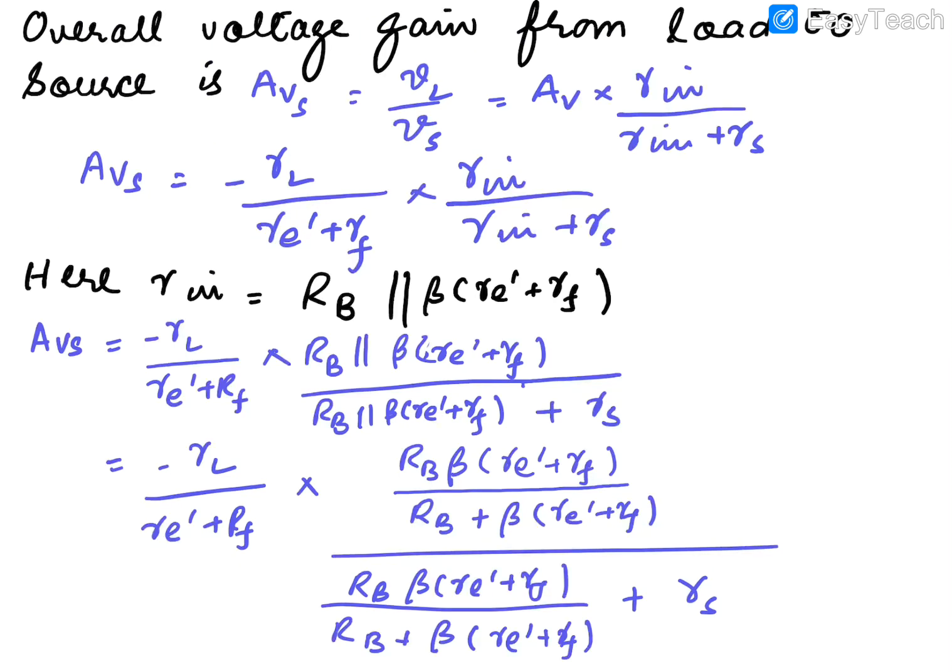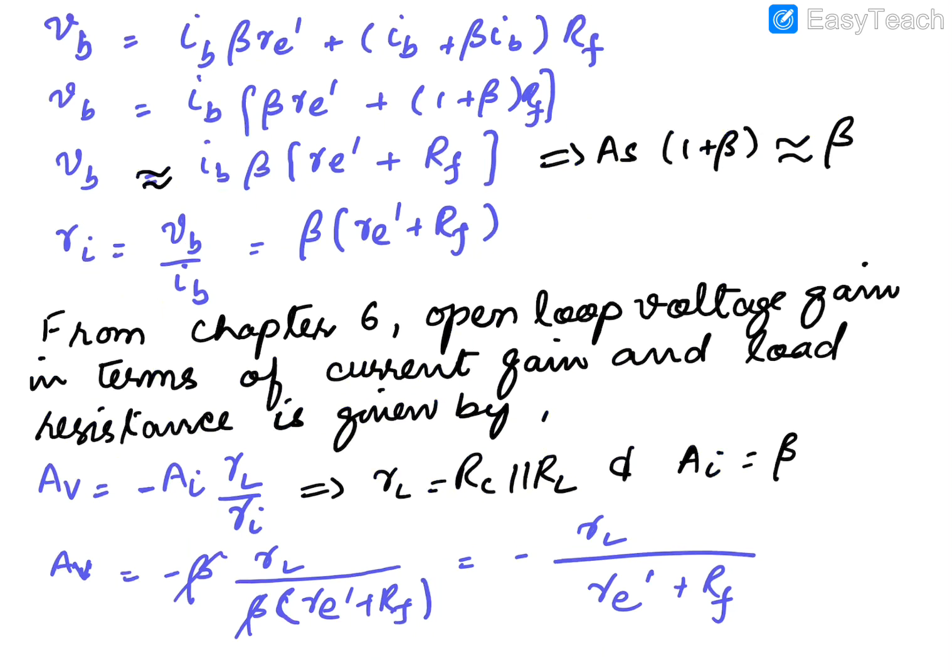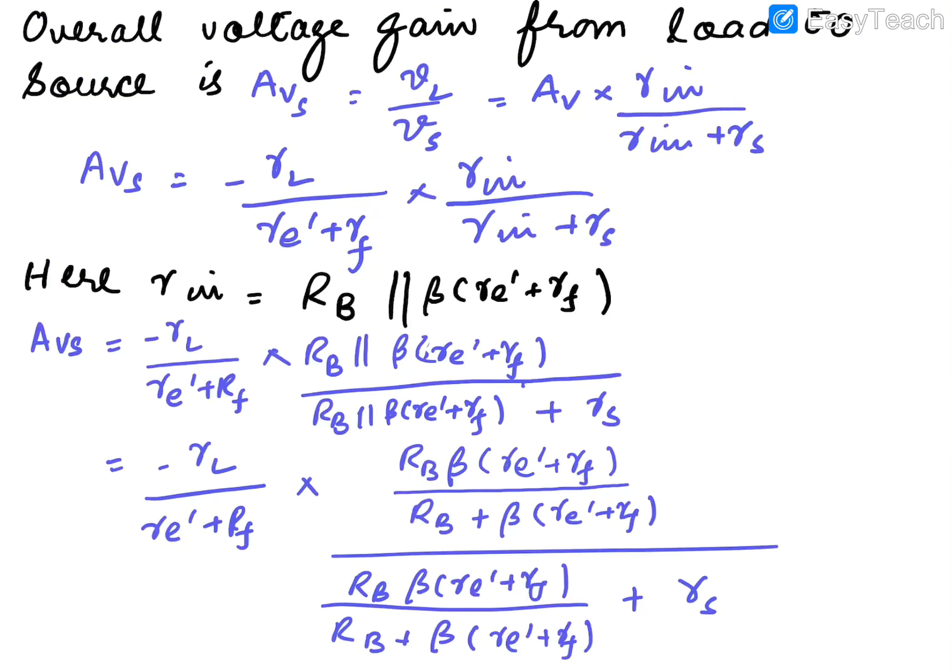So the overall voltage gain from load to source is AVS, which is equal to VL over VS, which is equal to the open loop voltage gain multiplied by stage input resistance divided by Rin plus Rs. We have already included the value of RL, so for the overall voltage gain we will now include the effect of input stage resistance and the source resistance.